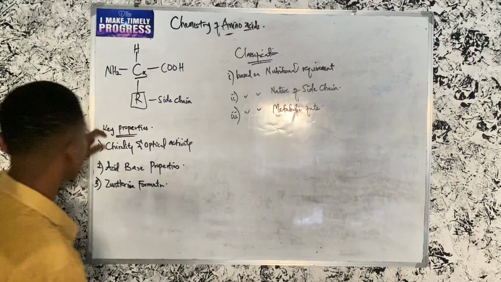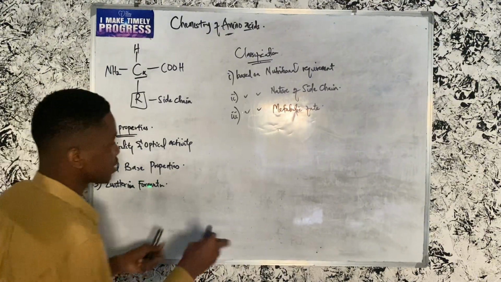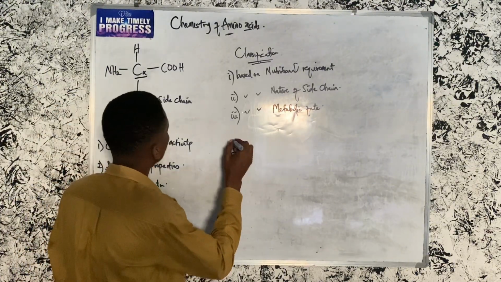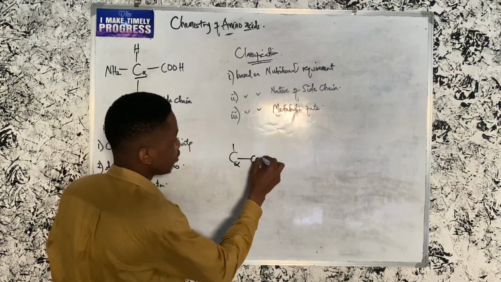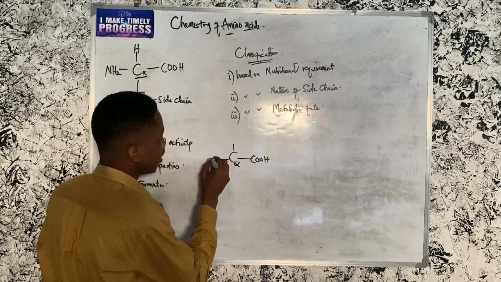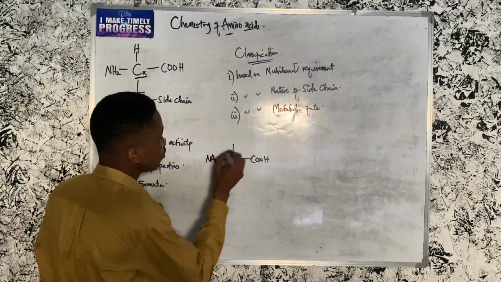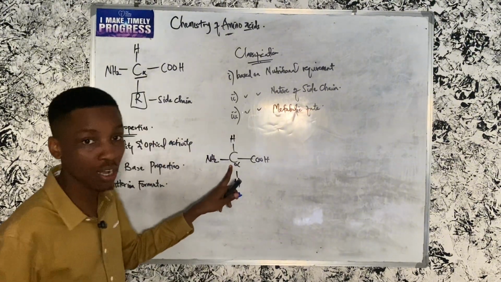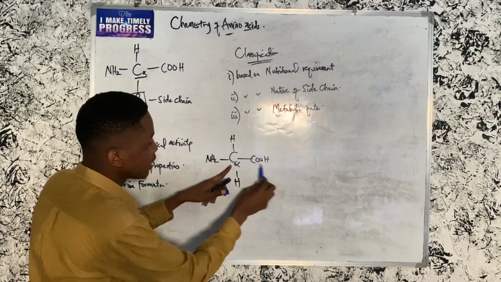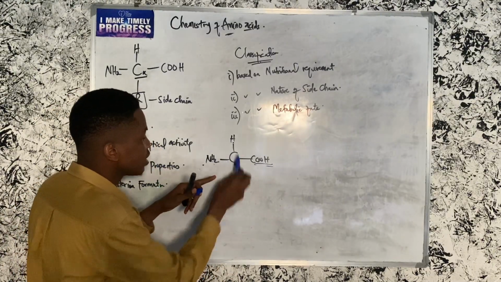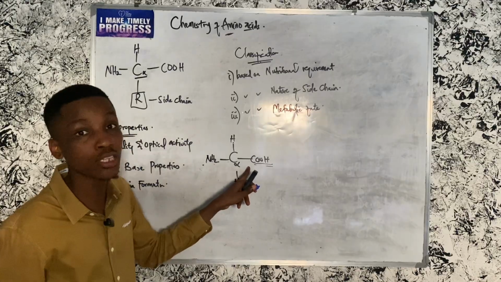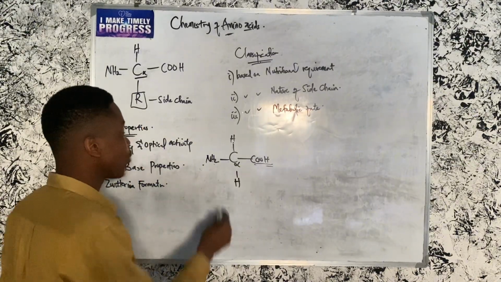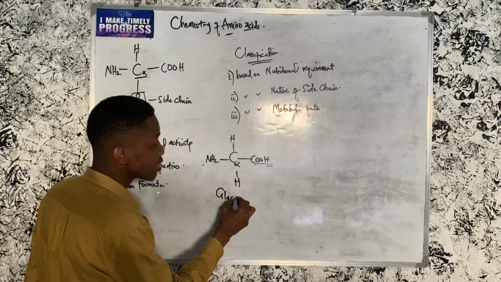Listen very carefully. Let's pick glycine, for example. There will be that central carbon, there will be COOH, there will be the NH2, there will be hydrogen, but glycine's side chain is also hydrogen. If you look at this alpha carbon, you would observe that two of these are the same groups. So this is not a chiral center. That's why glycine is not chiral.